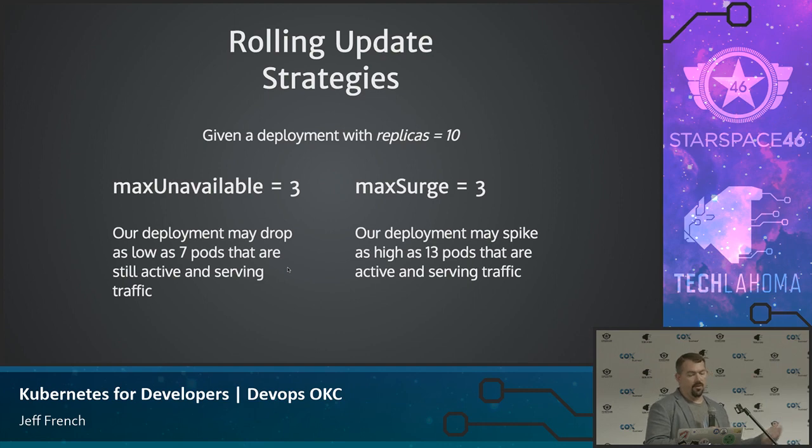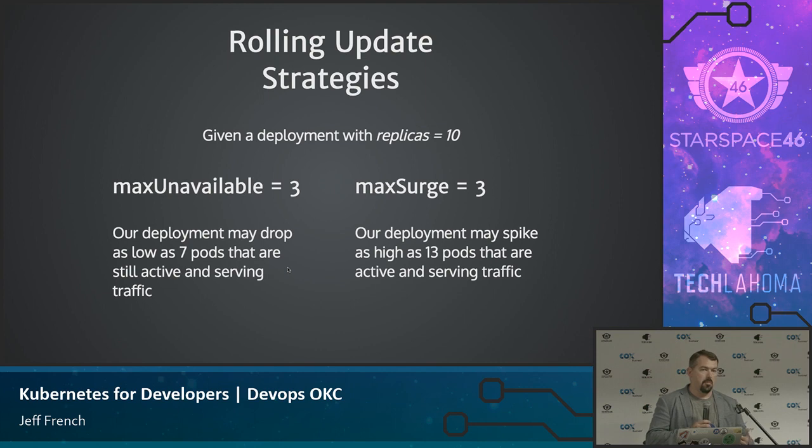In this scenario, once I tell Kubernetes to update our deployment, it will say, okay, cool, you've asked for 10 copies of this to be running, and I've got a max unavailable of 3, so I'm going to go kill 3 of your pods and update them to this new spec. And I'm going to wait until they come online before I do any more, right?